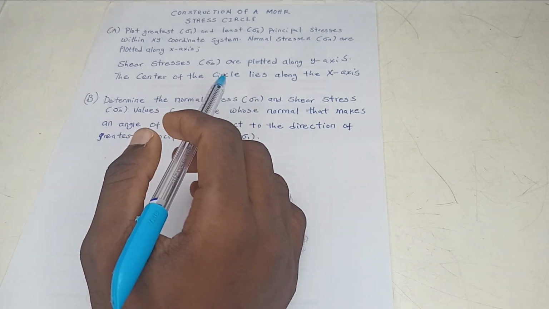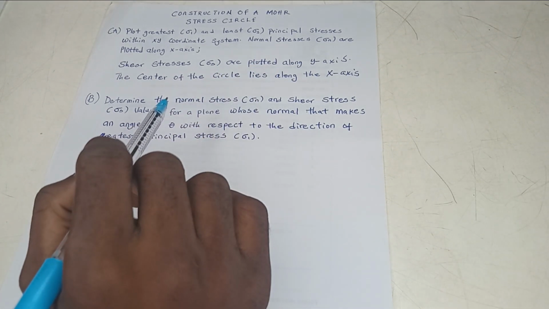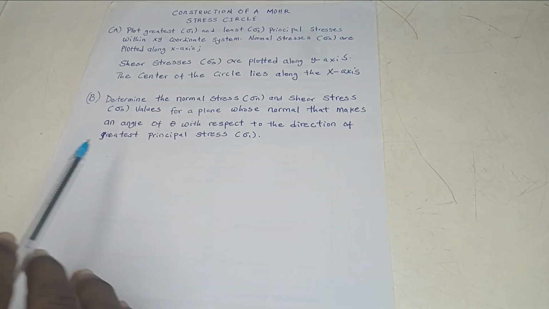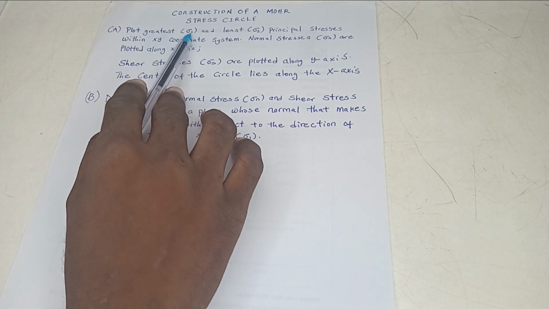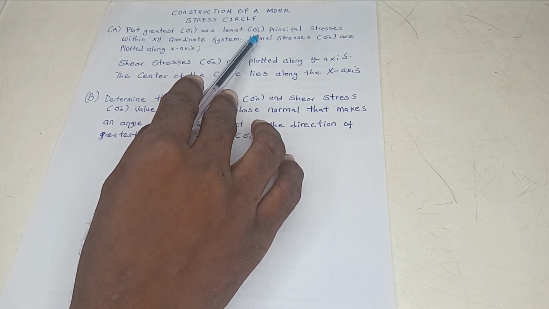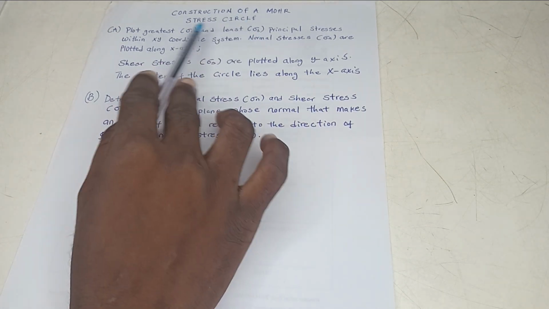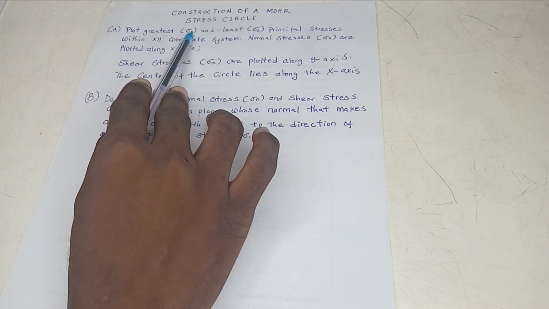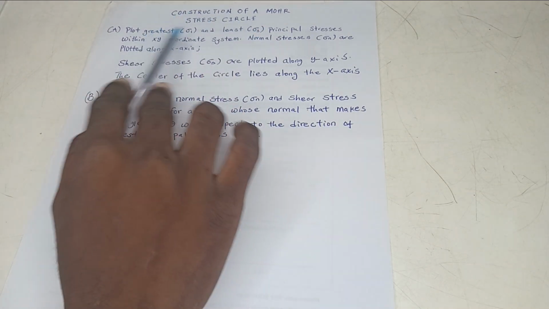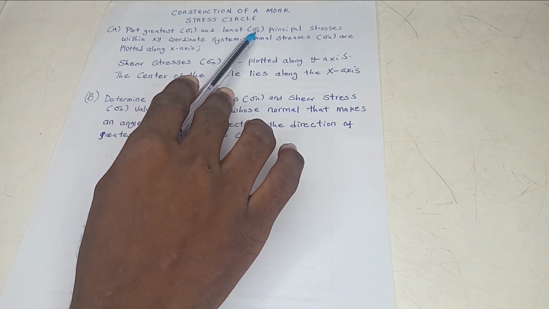Good. Now, what are the two steps that you need to know in the construction of a Mohr stress circle? A. You plot the greatest, sigma 1, and sigma 3. These are the normal stress. So the greatest normal stress is sigma 1, and the least normal stress is what? Sigma 3.